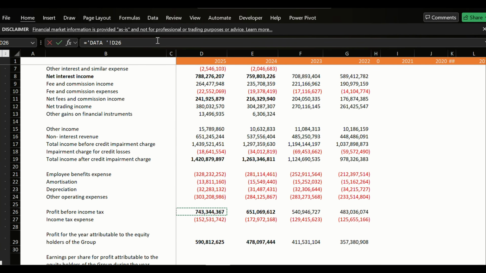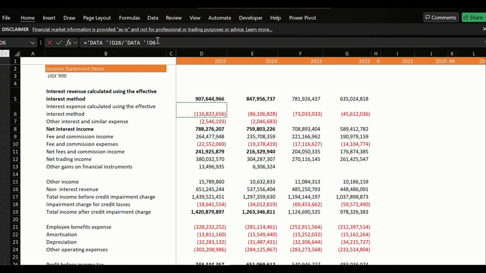The operating profit is here, divided by, is connected to the revenue. So you can see this distortion in revenue, net revenue.